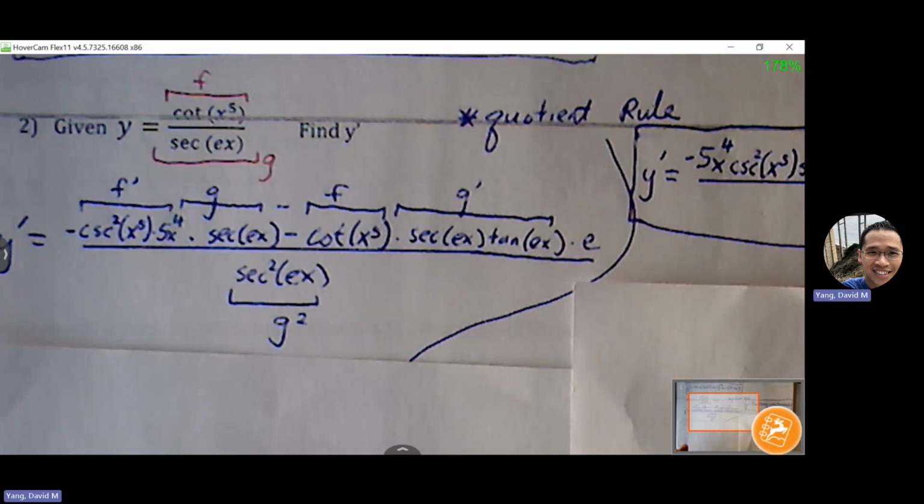Aren't you taking the derivative of cotangent? Why would it be the derivative of cosecant?